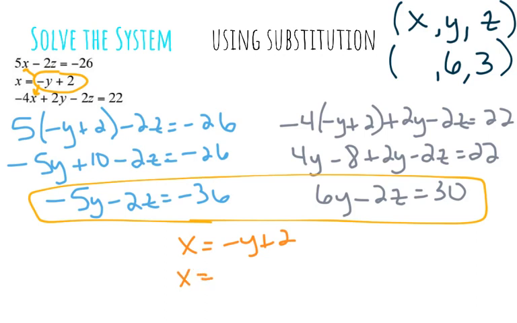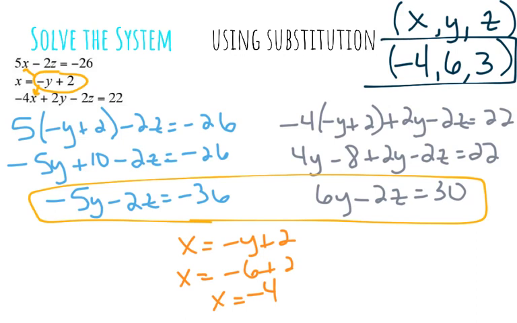We know that our y is 6, so x equals negative 6 plus 2. So we get x equals negative 4. So then I need to plug that into my ordered triple as negative 4. Now I have my ordered triple, and that is my solution. So my solution is negative 4, 6, 3.